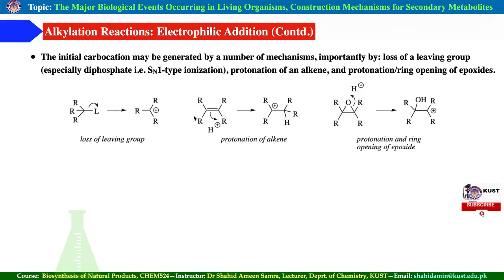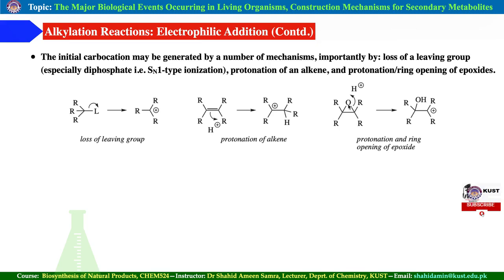As we can see here, this is a leaving group like the diphosphate group. It may leave, or some other group may be there, and as a result we will have a positively charged carbon, a carbocation, because both of these electrons will go towards this leaving group. Similarly, if we have an alkene and it gets protonated, then one of the two carbons will have a positive charge.